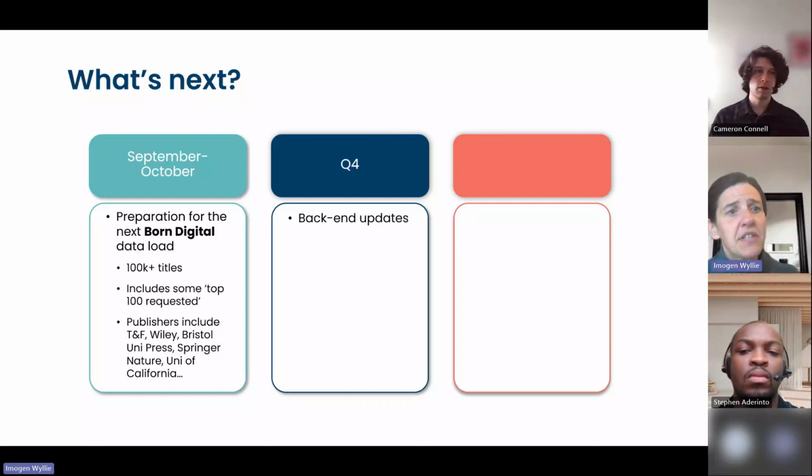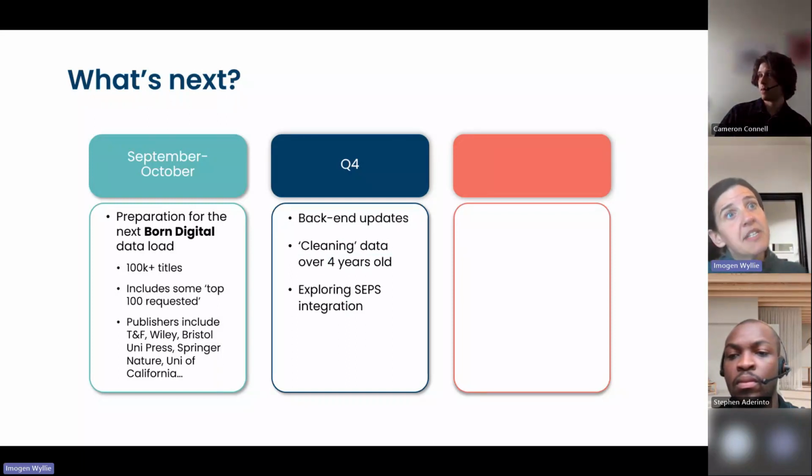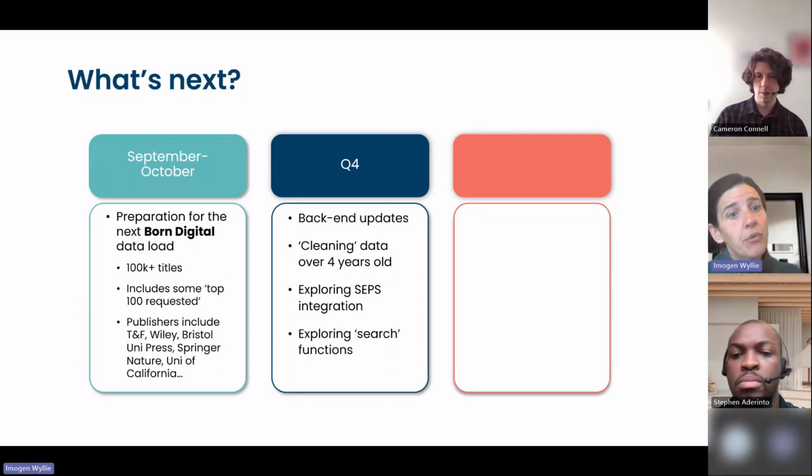Then there are a couple of specific things that I want to look at. So one is exploring integration with the second extract permissions. That means you're able to carry out all of the main DCS activities in one place. And then also improving search.